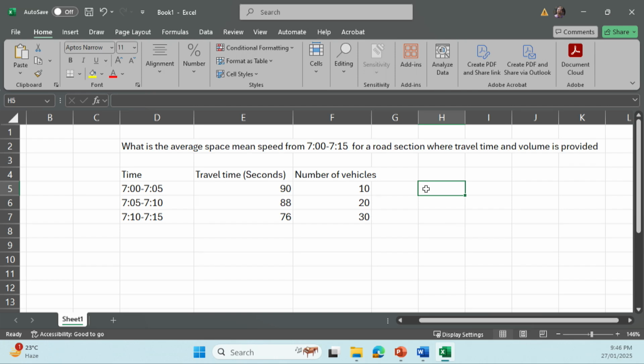So please note the second column is travel time. It is not the speed. In the class example, I gave you speed and the volume, and I asked you what was the space mean speed. In this case, I have given you travel time.